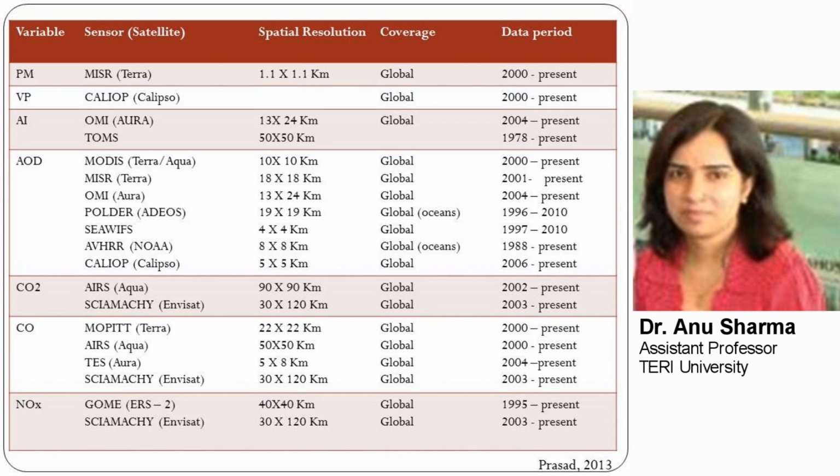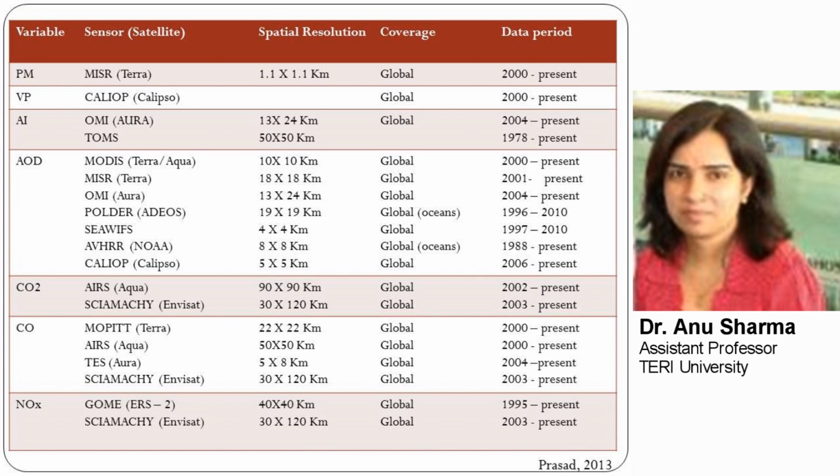And if you remember, this was also one control variable in the planetary boundary framework. There are a number of satellites that provide us data sets on AOD. Since it is highly spatially and temporally variable, these satellites can help us quantify aerosols, so that we would know whether this variable is still in the safe operating space or has crossed its threshold.